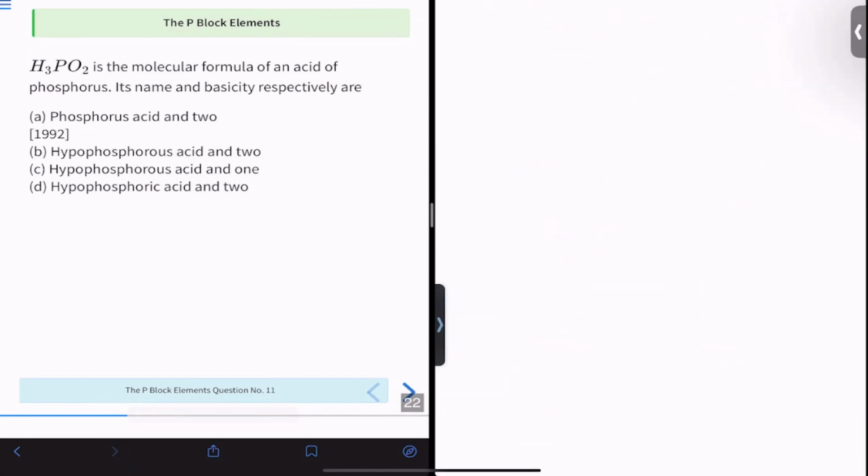Before moving to the next question, I would like to say, please guys, remember the names of all the acids. H3PO2, just now I told, is hypophosphorus acid.